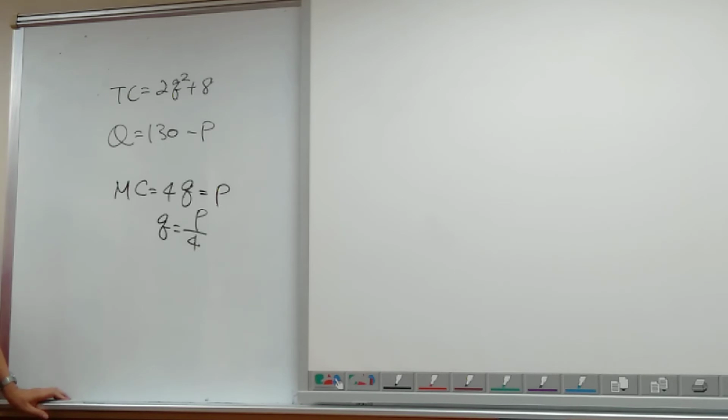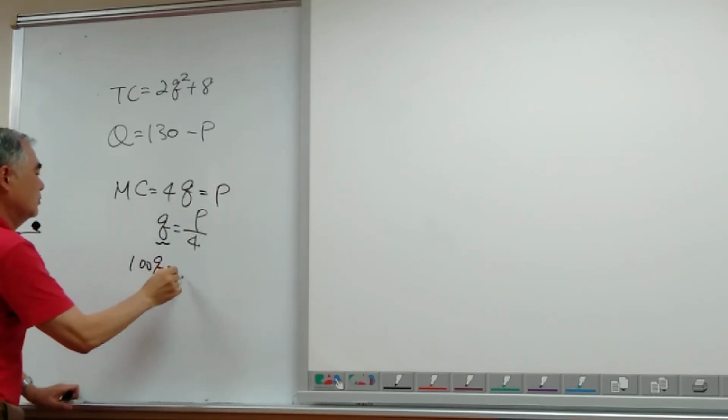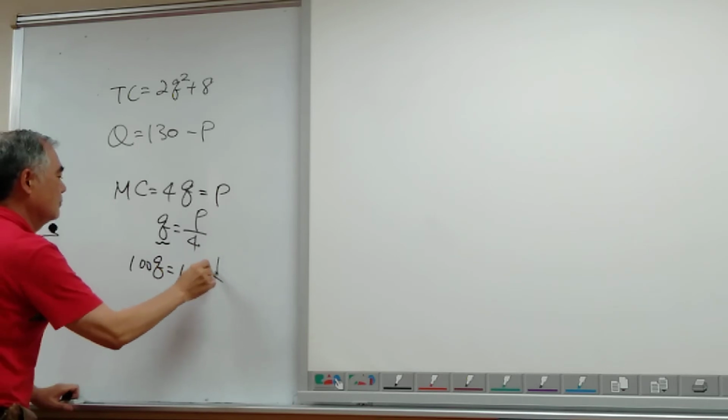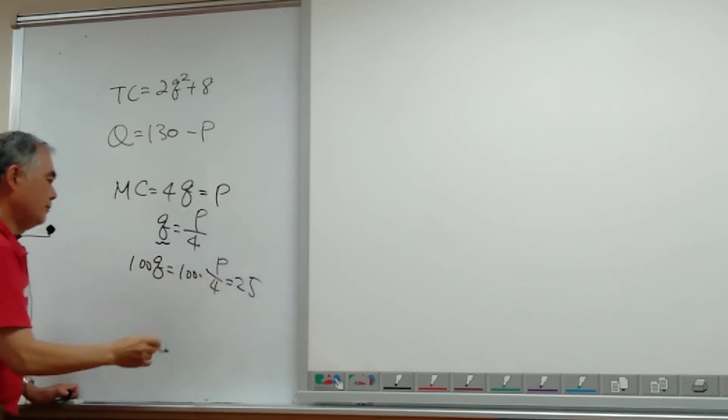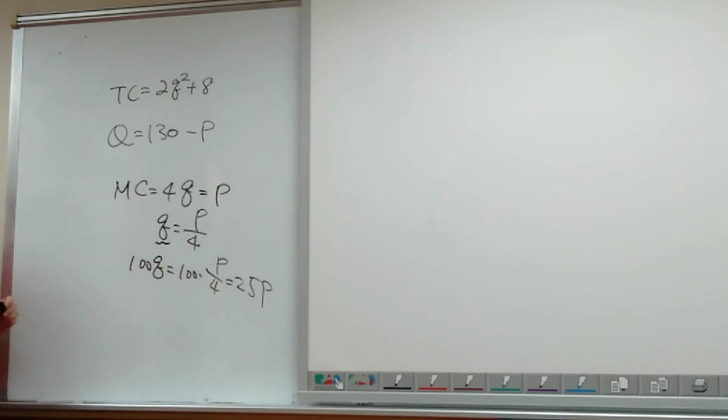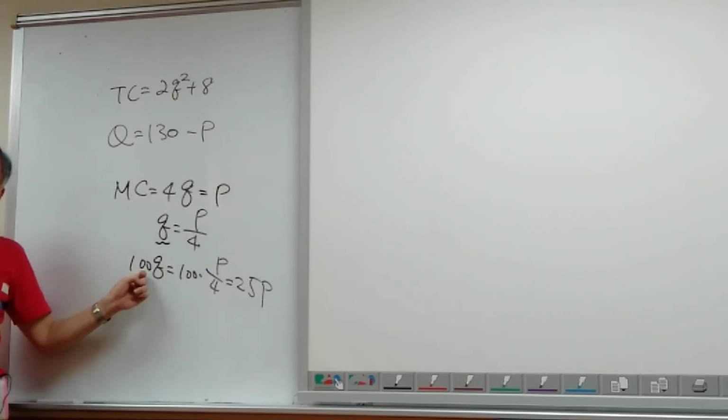So how many firms do we have? The question tells us we have 100 firms. So this is for one firm, right? And we have 100 firms. So 100Q is equal to 100 times P over 4, which is 25P. 100Q is the market quantity.